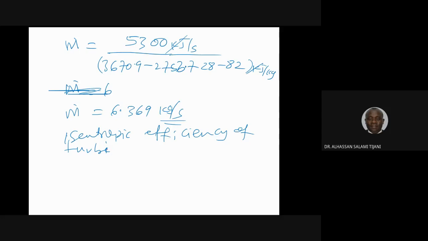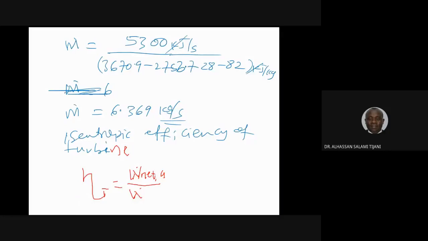So the isentropic efficiency of the turbine can be given by eta equals W net for A divided by W net for S. That's the isentropic efficiency.